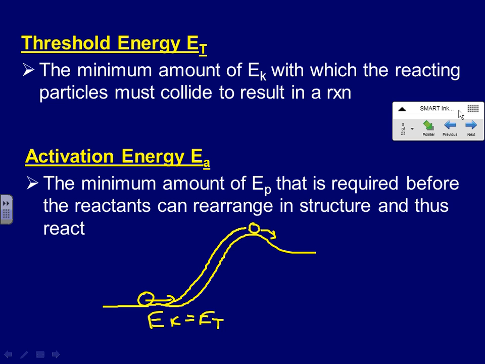So, we've successfully just rolled the ball over the hill. Activation energy looks at it from the point of view of the potential energy. So instead of looking at it from the point of view of the rolling ball, if we were to make a measurement and determine how much potential energy is needed to get the ball over the hill, then we would call that the activation energy, all right?